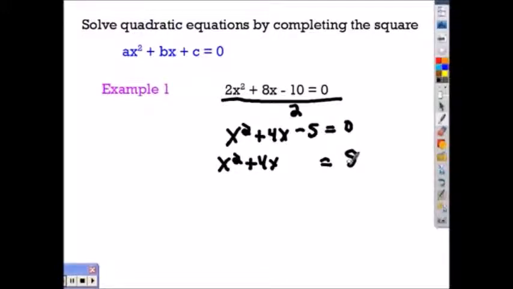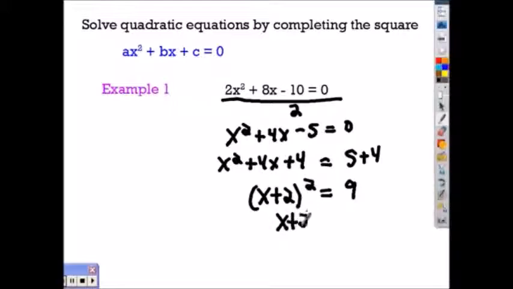Now I will complete the square. Half of 4 is 2. 2 squared is 4, so I'm going to add 4 here to complete the square, add 4 here to balance out my equation. So now, when I factor this perfect square trinomial, I get x plus 2 squared equals 9. Take the square root of both sides, I get x plus 2 equals positive and negative 3.